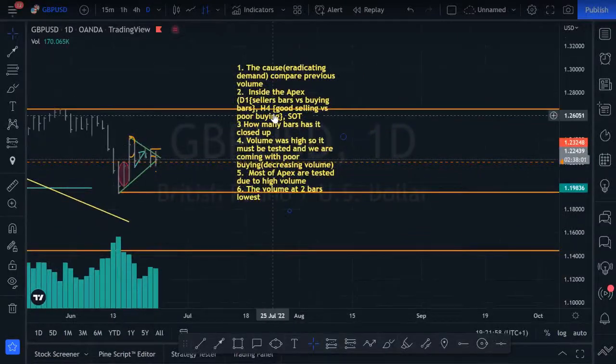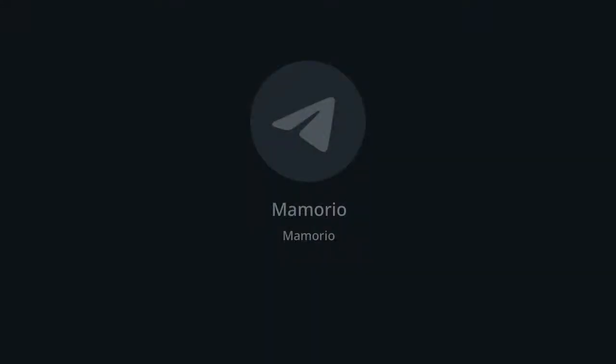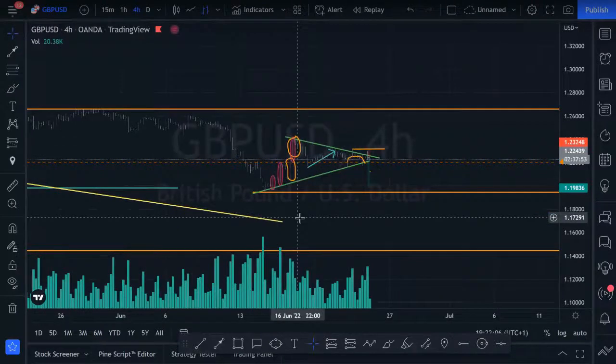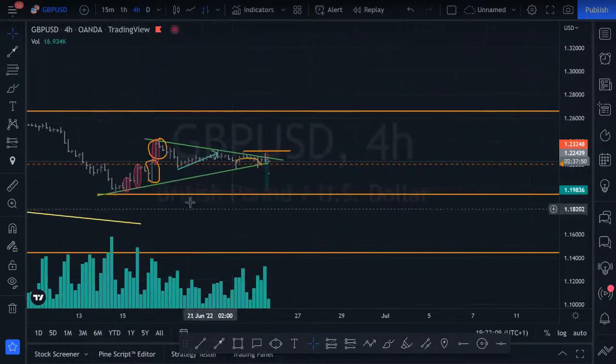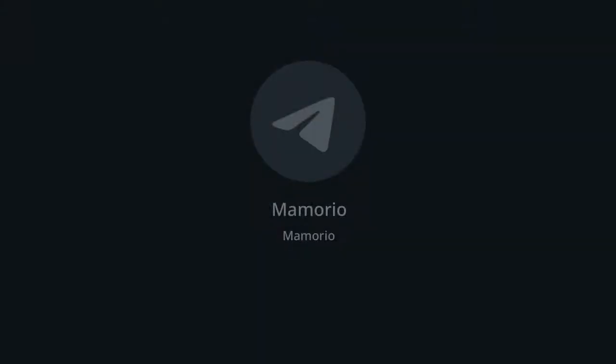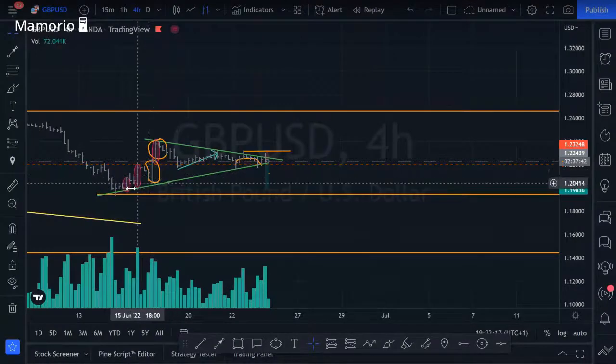Then at H4 we have seen good selling versus poor buying. That is what I've just explained. We have some popping volume, but poor buying.